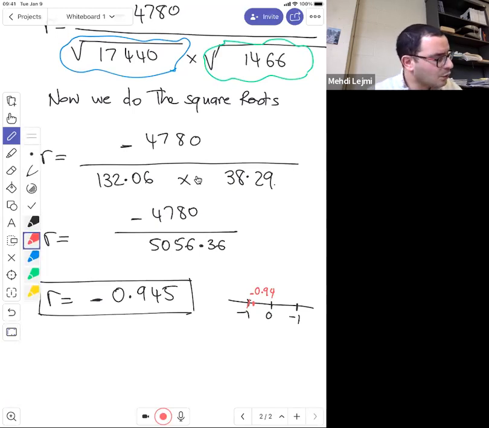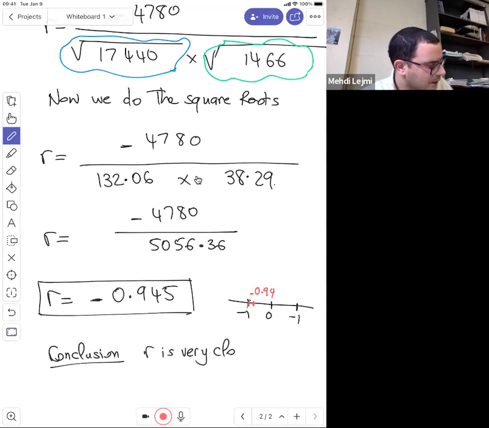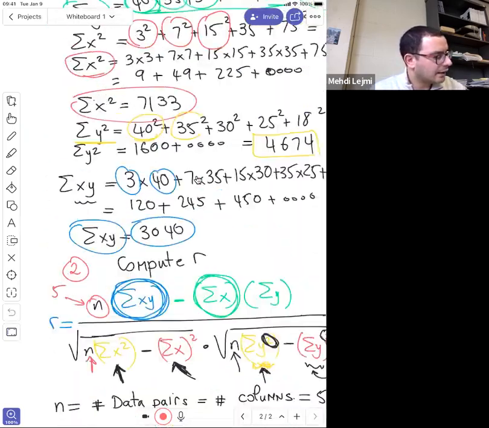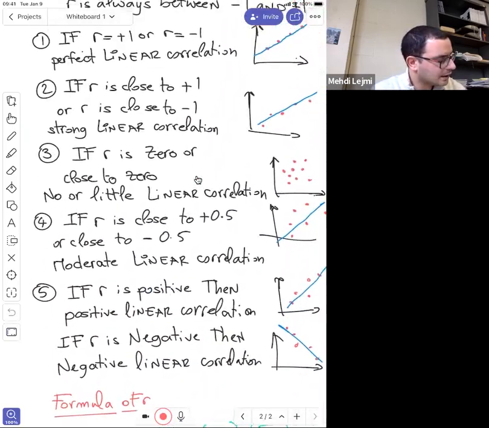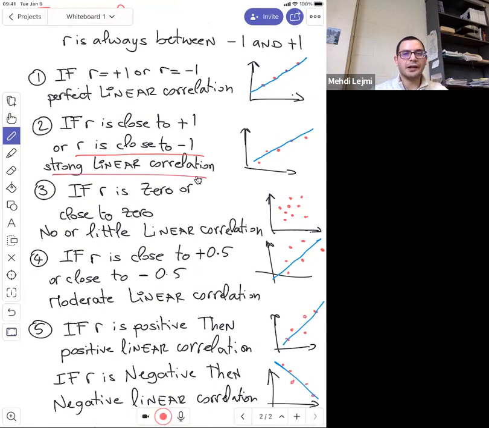So the conclusion here is, why are we computing R? Our R is very close to -1. If R is close to -1, then we have a strong linear correlation.